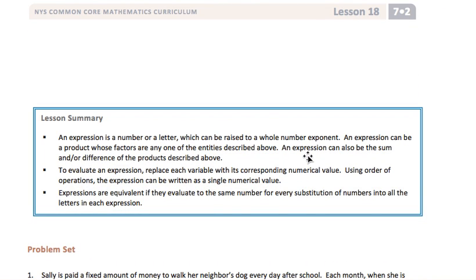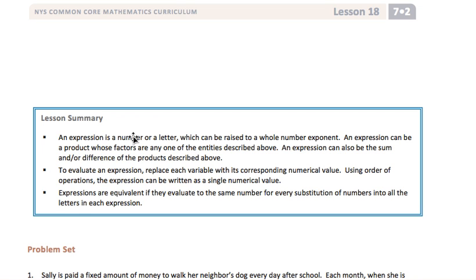In summary, an expression is a number or a letter which can be raised to a whole number exponent. We haven't done that yet, but it can be. An expression can be a product whose factors are any one of the entities described above.